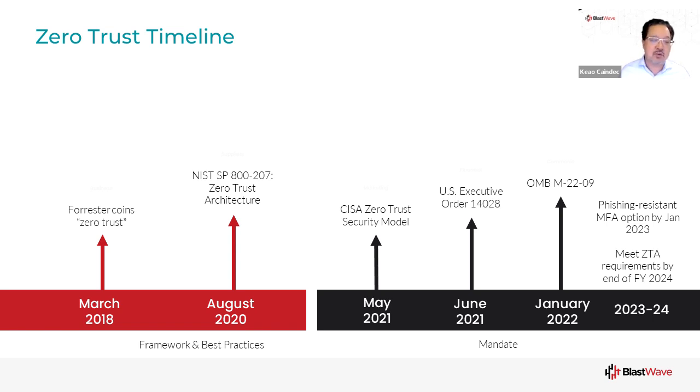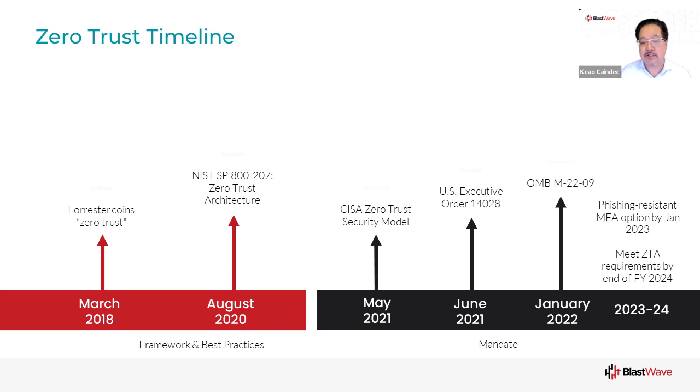In August 2020, the US NIST published a great document called Zero Trust Architecture, NIST 800-207. We're going to dive into the details today, but it really defined for the first time what a zero trust implementation should look like. CISA came up with a zero trust security model shortly after that.